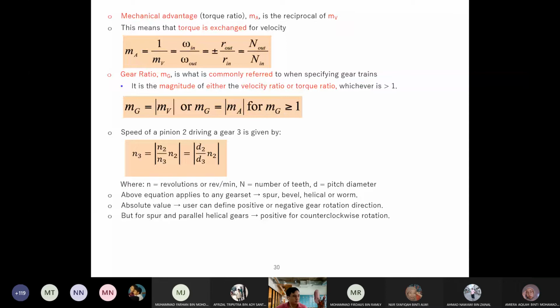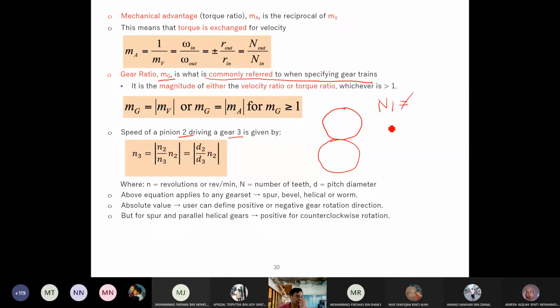So the most important equation yang saya rasa awak nak kena tahu, but before that, kalau awak tengok kat sini, awak tengok ada pinion 2 and gear 3. This is about the naming of the gears. Biasanya if you look at this text or any text, the gear does not start from number 1. There's no such thing as gear number 1.